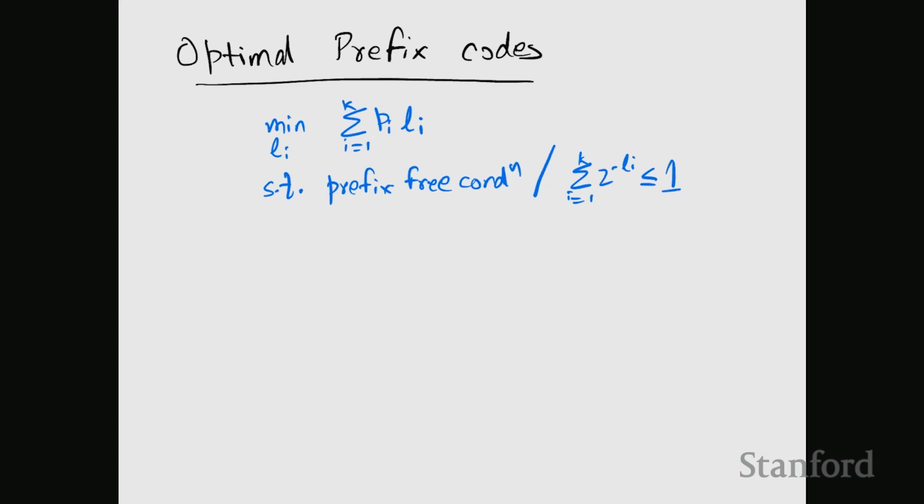Those of you who have done convex optimization or just generally optimization might want to go that way. And actually, if you do that, you will start getting some of the rules of thumb that we have been looking at, like the length should be log 1 over p. In the notes, you will see that if you do the Lagrange multiplier stuff for this one and you proceed, you will get the rule of thumb that we know and love.